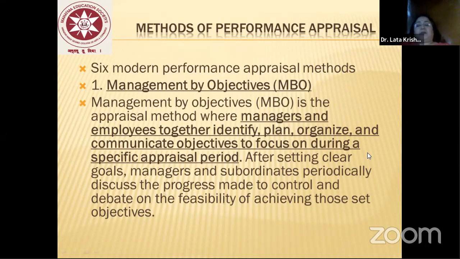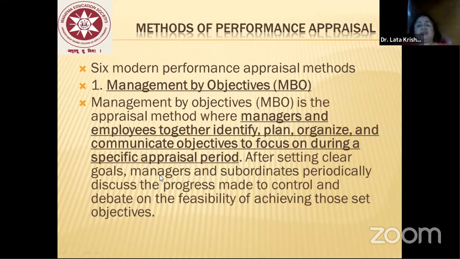So if the appraisal period is 3 months, 6 months, or 1 year, when we say that we are following a management by objective performance appraisal method, what are we doing? The manager and employees together identify, plan, organize, and communicate objectives to focus on during a specific period. If they are looking at certain goals that they have to achieve this year, they will all work towards achieving those goals.